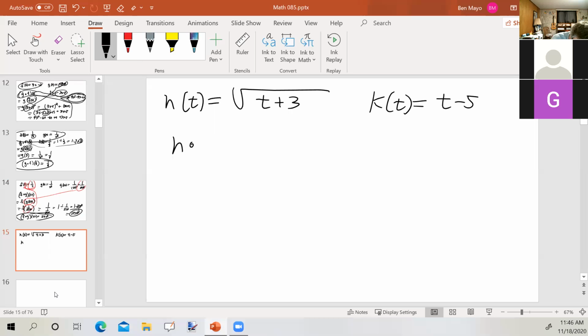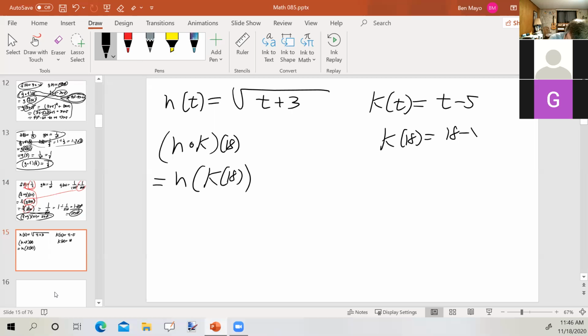So h composed with k of 18 is h of k of 18. k of 18 is 18 minus 5, which is 13.